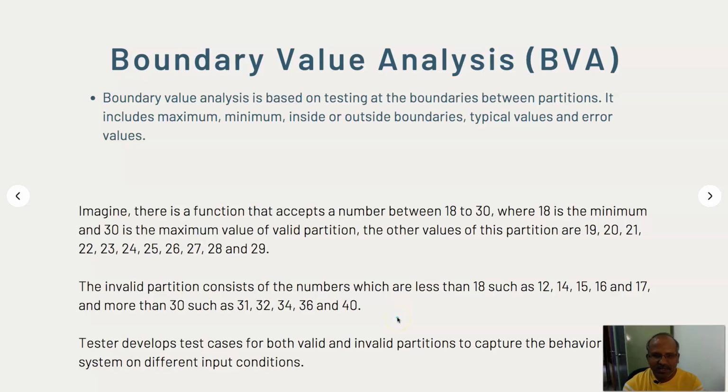When selecting test cases, we select one valid value, one invalid value which is less than 18, and another invalid value which is greater than 30. That way, we capture the valid and invalid partitions, see how the system behaves, and write test cases for them.